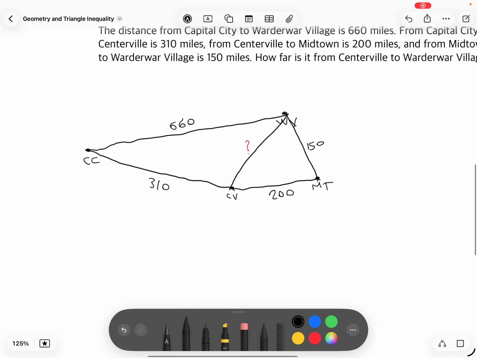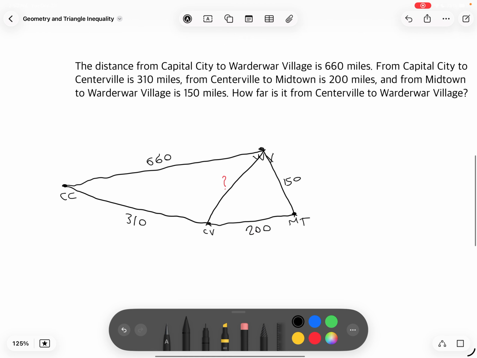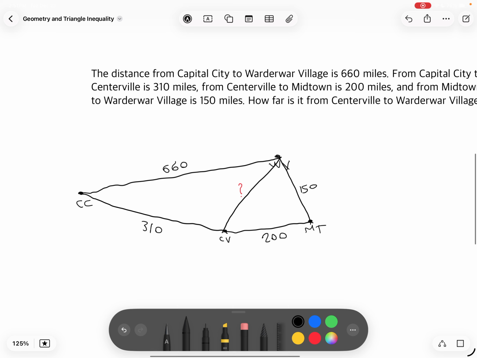Okay, so we have two side lengths of each of these triangles. We've got the 660 and the 310, and the 200 and the 150. So we know that the length marked by the question mark has to satisfy the triangle inequality for both of these two triangles.